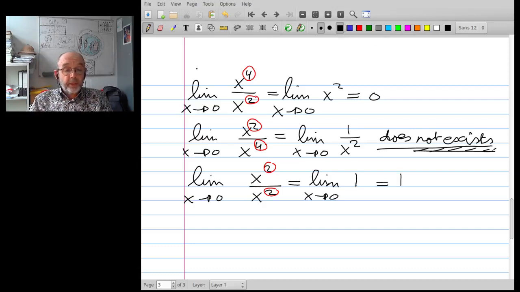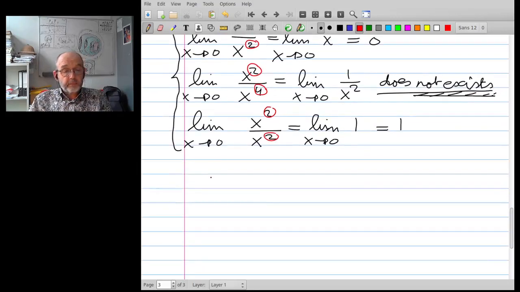And I hope that in the future, when calculating limits, you keep those powers of x in mind. Keep the powers of numerator and denominator in mind.